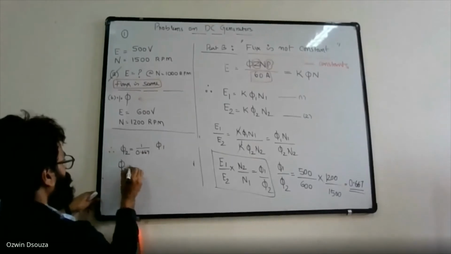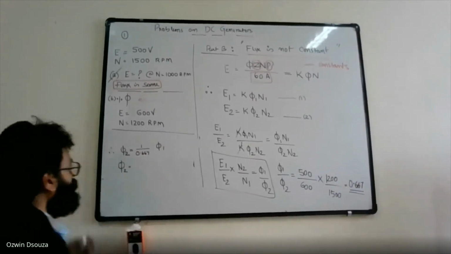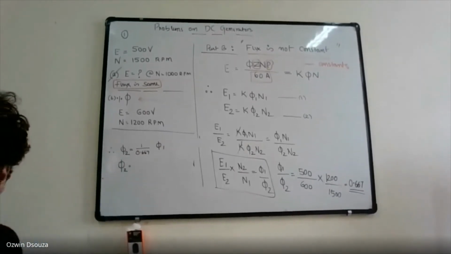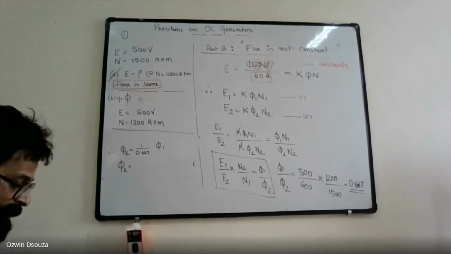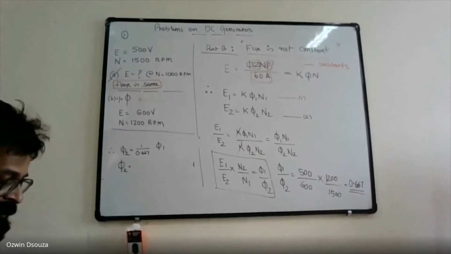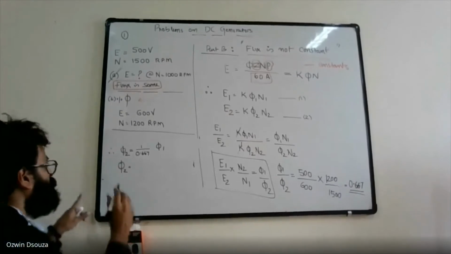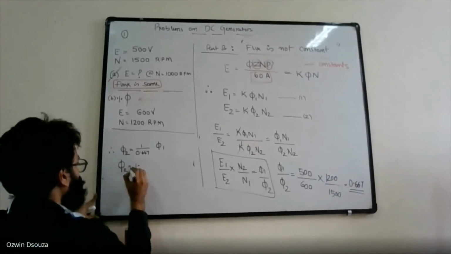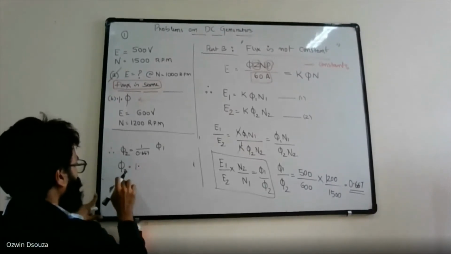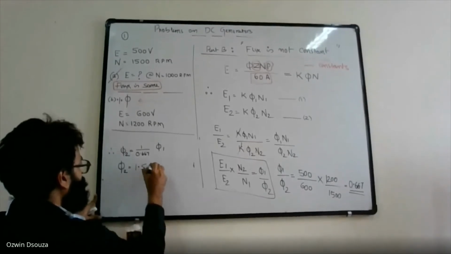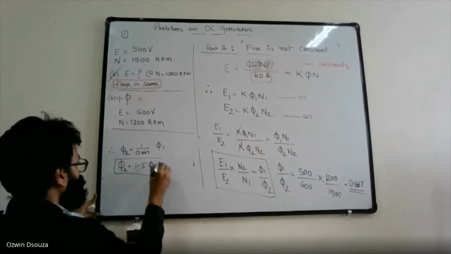What is the reciprocal of 0.667? The reciprocal of 0.667 is going to be 3 by 2, that's 1.5. So your new flux value phi 2 is 1.5 times the old flux value.